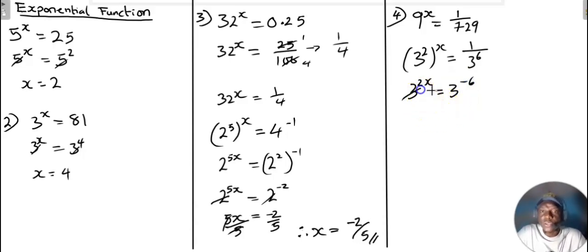So the bases will cancel out. Then you're left with 2x is equal to minus 6. Then divide both sides by the coefficient of x, which is 2. 2 will cancel out, and 6 divided by 2 is 3. So your x is equal to minus 3. And this is our final answer.